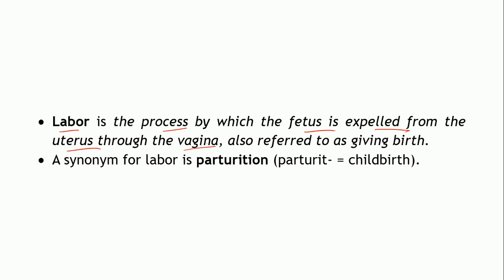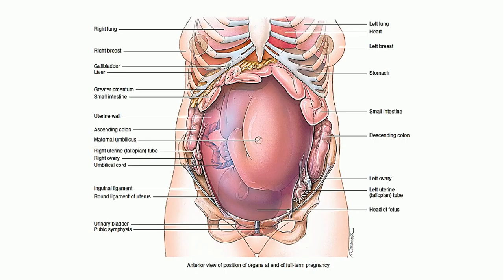After the completion of 9 months, or the term, the fully grown baby is expelled from the uterus through the vagina, and this process is also referred to as giving birth, or parturition. Parturition means childbirth.